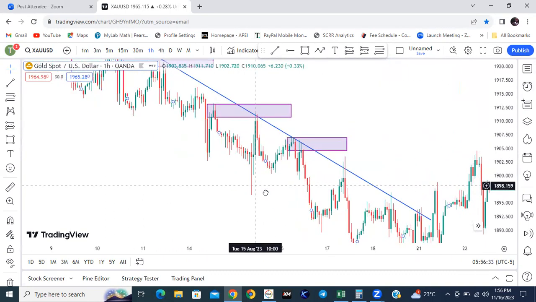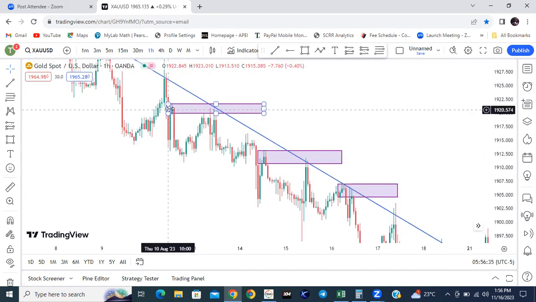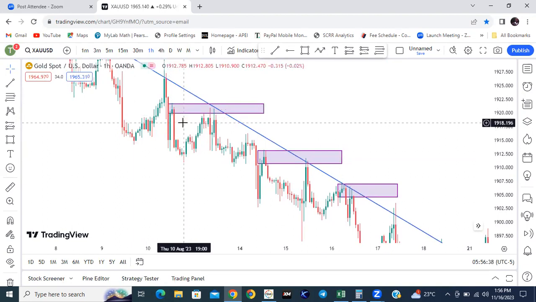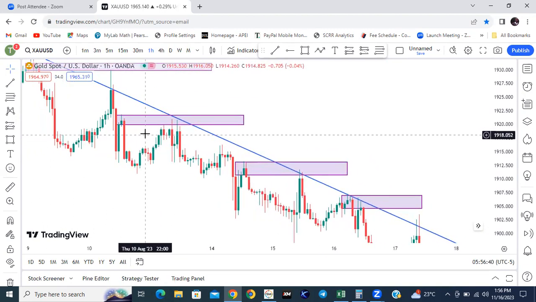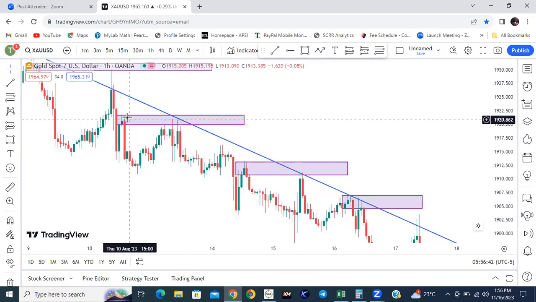When we have this kind of a single pattern, especially the engulfing, it becomes high probability to take your trades at the last candle in this engulfing pattern.